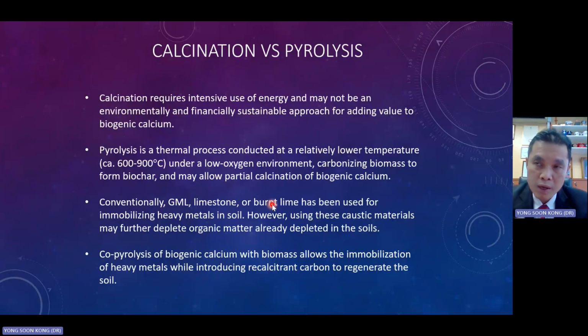Now, why recalcitrant is so important is that it is relatively resistant to breakdown, either by oxidation or, in this case, the caustic effect coming from the liming material, the biogenic calcium. So that might be some thoughts for us on how to have a more holistic and more complete approach towards soil remediation.